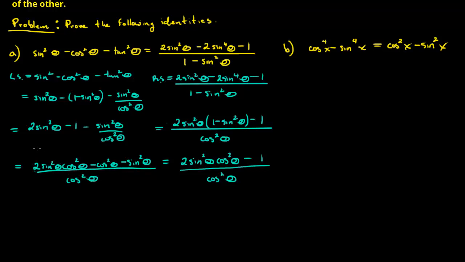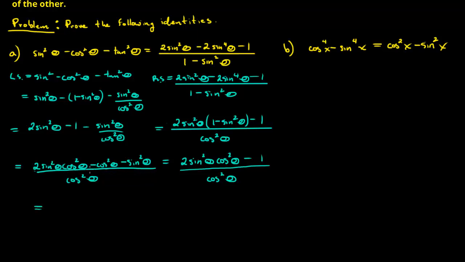What we've done here is we just found a common denominator. All that I did was multiply 2 sine squared theta minus 1 by cos squared theta over cos squared theta. That's why, if you actually divided these two terms by cos squared theta, you'd get this term.